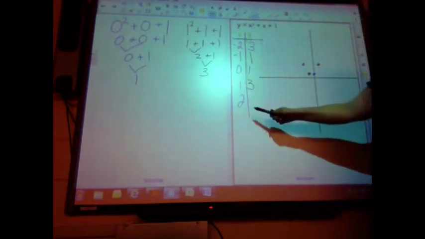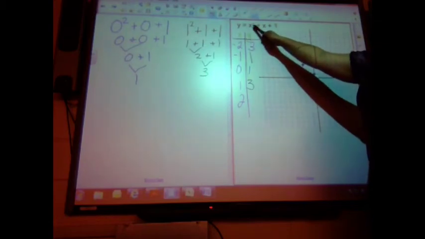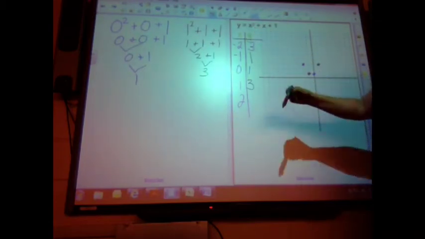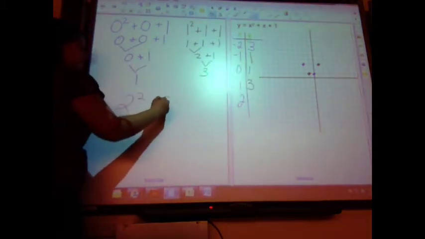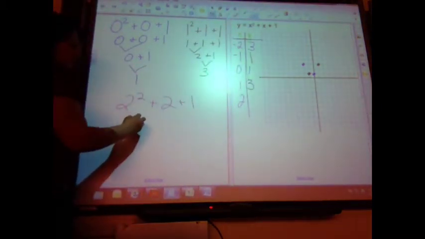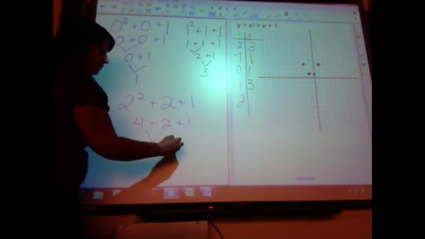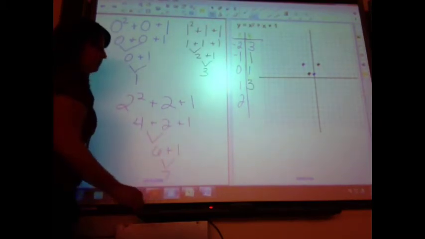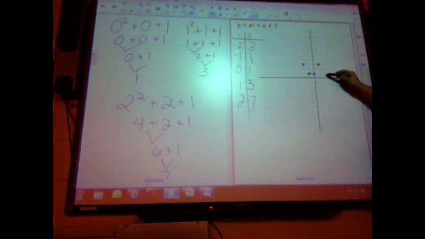And lastly, I'm going to do the 2 again. But this is a positive 2, I already did -2. So I do 2 squared plus 2 plus 1. 2 squared is 4. 4 plus 2 is 6. 6 plus 1 is 7. So I go over 2, up 7.